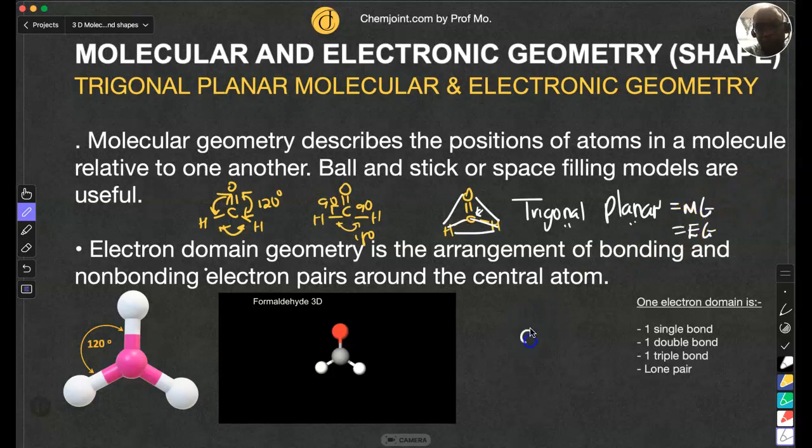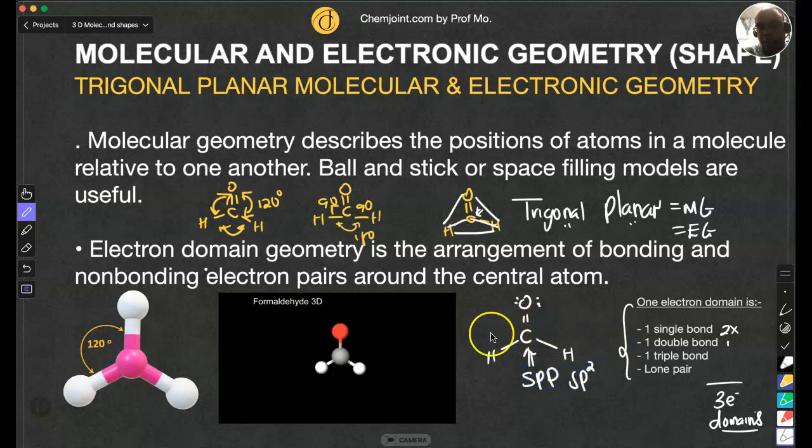As far as hybridization goes, for the carbon right here, hybridization will be predicted based on the electronic geometry and electron domains. So we say that you have a double bond, a single bond, a single bond. So there are 2 single bonds and a double bond. So we have 3 electron domains. And because we have 3 electron domains, this is predicted to be sp2.